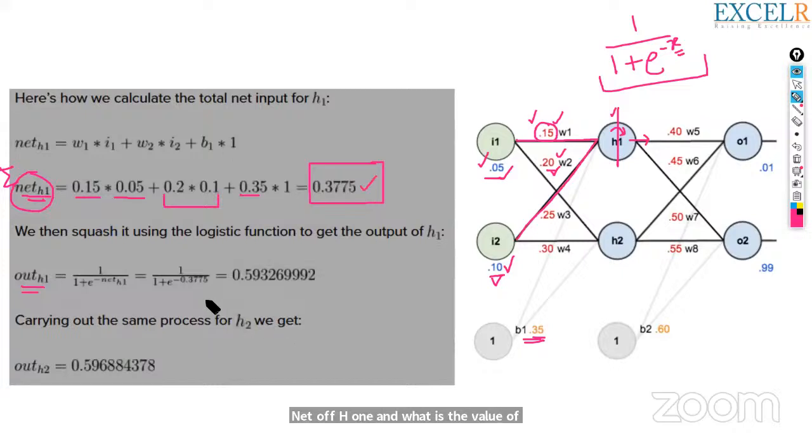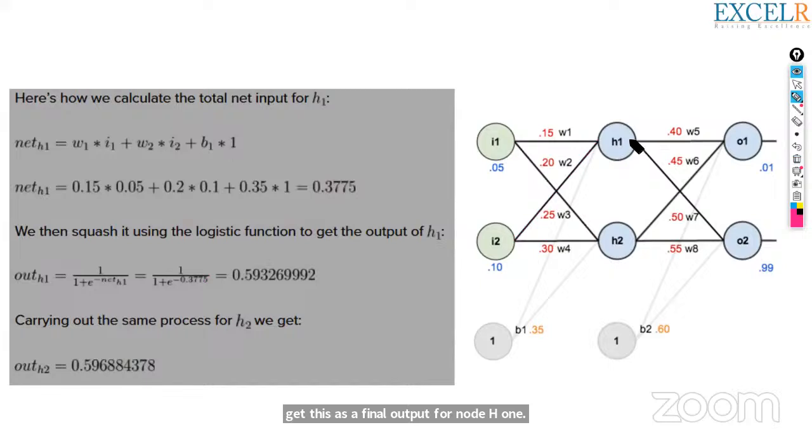If you put this value and do the calculation, you will get the final output for node H1, right? So from the node H1, what value is being generated? It's 0.593. Now this value is being passed to O1 and O2, right? This is the output of node H1.